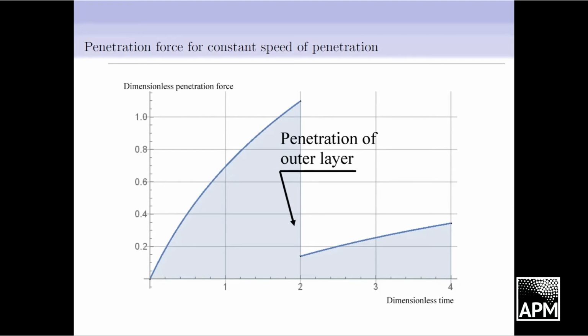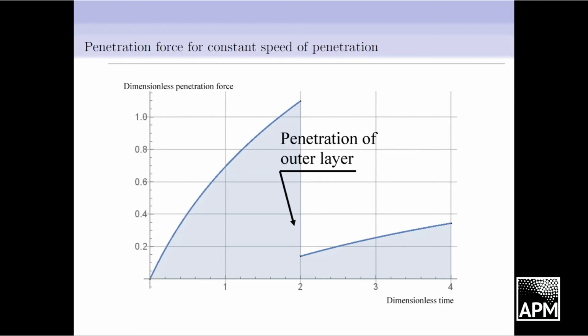And now we have everything, and we can calculate the total overall force that gives the resistance for the penetration of the needle, and obtain the full dynamics of this problem.